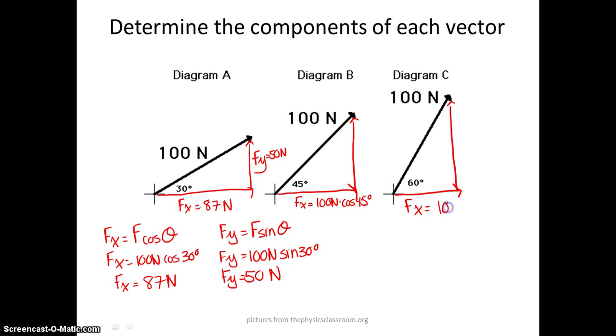And same thing over here, we'll have our F, which is 100 newtons, but now the angle is 60 degrees. So press pause on your video and see if you can find the x and y components for diagrams B and C.